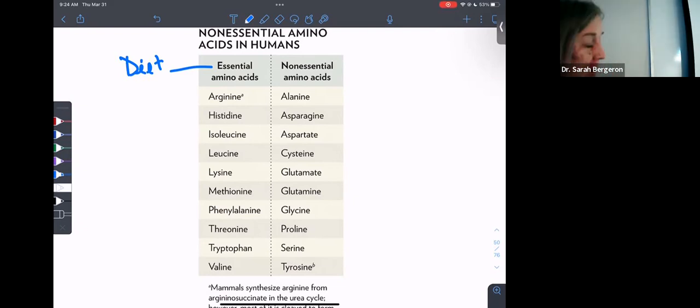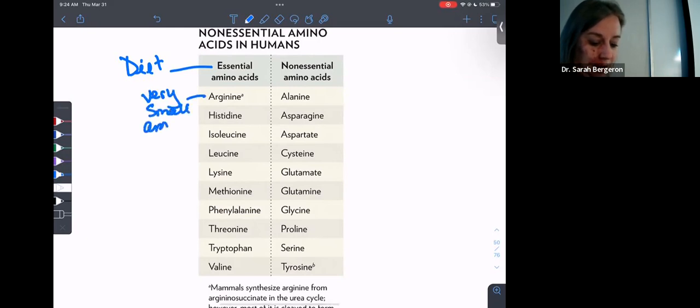Arginine is actually made in really small amounts, because we're going to make it from argininosuccinate. So you're going to get some, but it's a very small amount made. So you're going to have to eat to get the quantity that you're going to need for making proteins and all that kind of stuff.